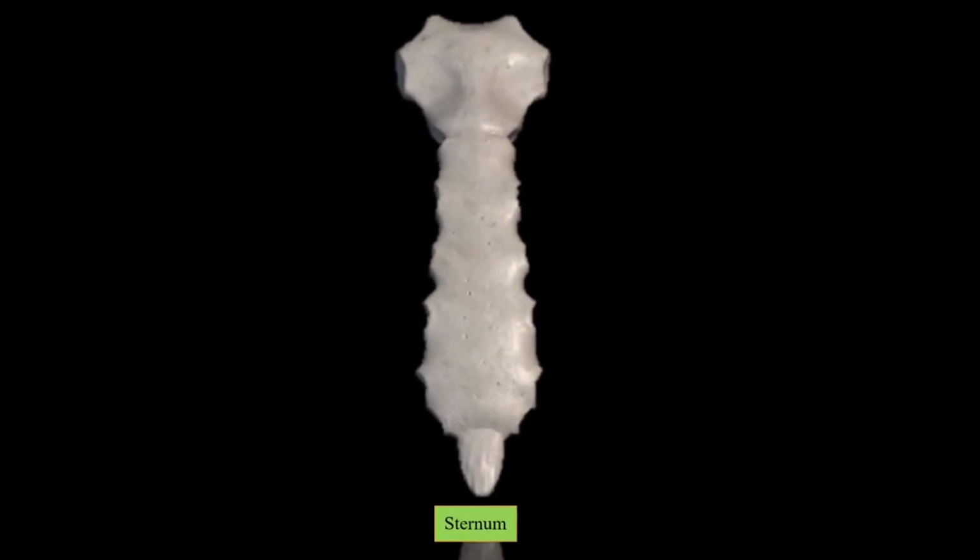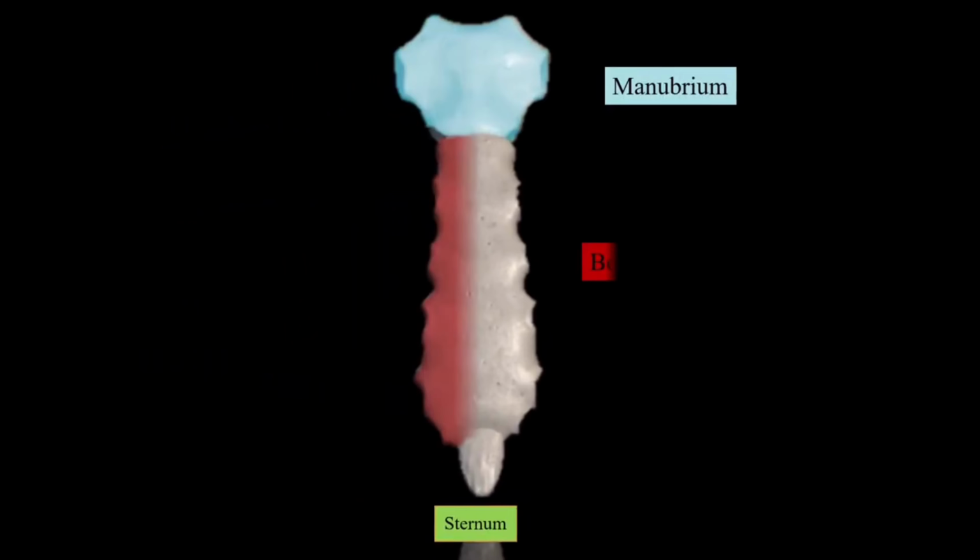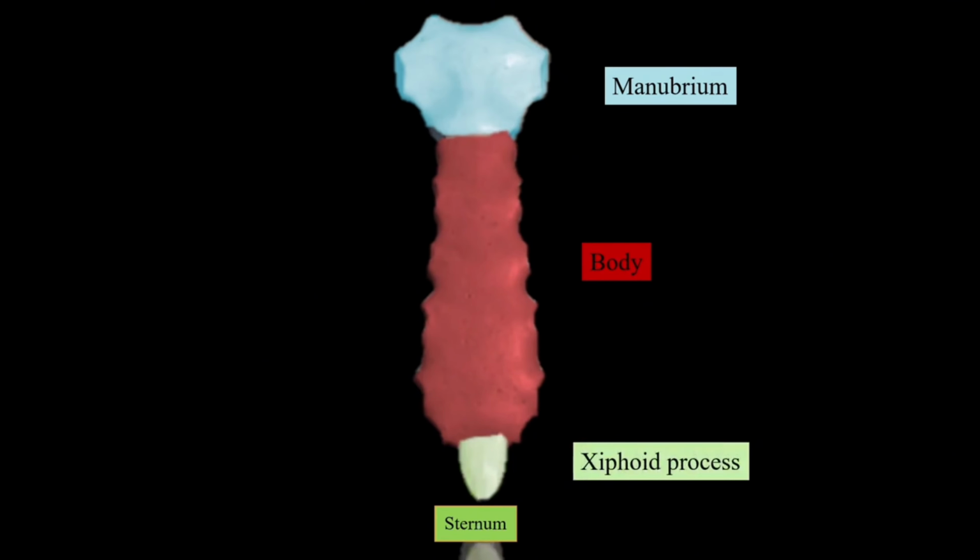The second classification is according to the ossification process. We have either intramembranous ossification or intracartilaginous ossification. Let's start with intramembranous ossification. This process involves the direct conversion of mesenchyme to bone.